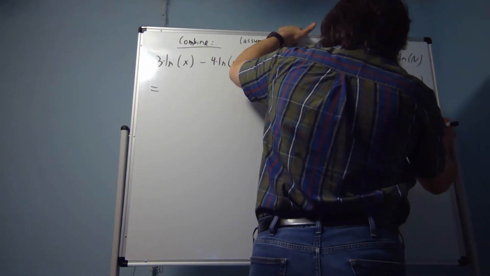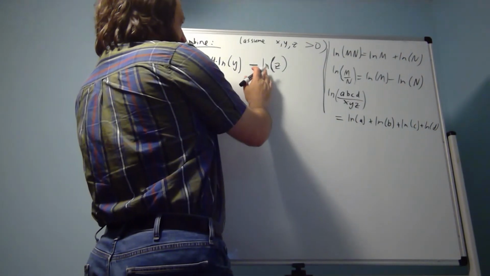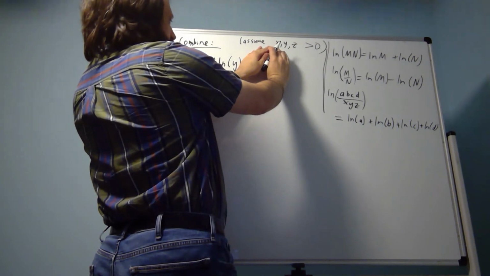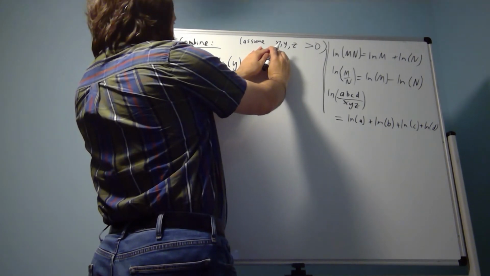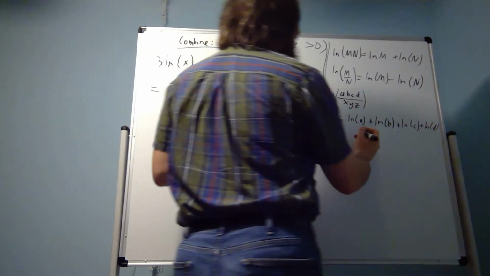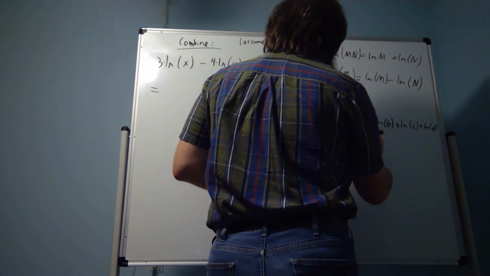This general pattern works for however many you have. The identity that I gave you only tells you what to do with two terms divided by each other, but if there's three minuses, then it's like this. So you subtract.